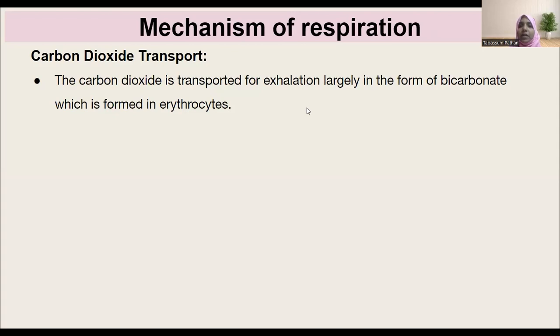Most of the carbon dioxide produced in the body after metabolic activities is exhaled out of the body mostly in the form of bicarbonate ions, which are formed in the RBCs, that is the erythrocytes or red blood cells.